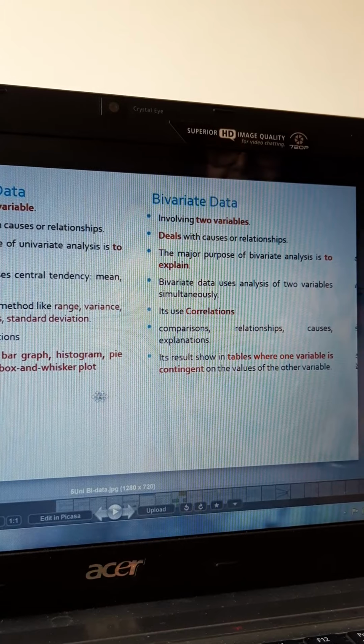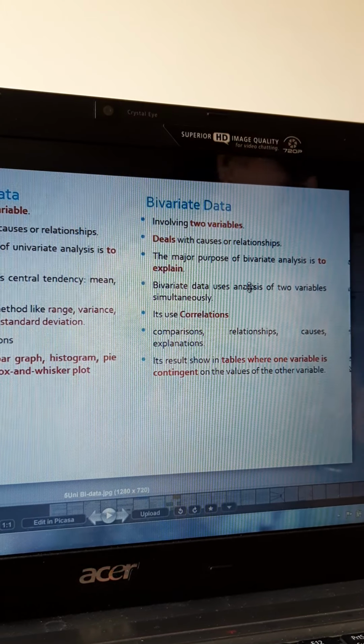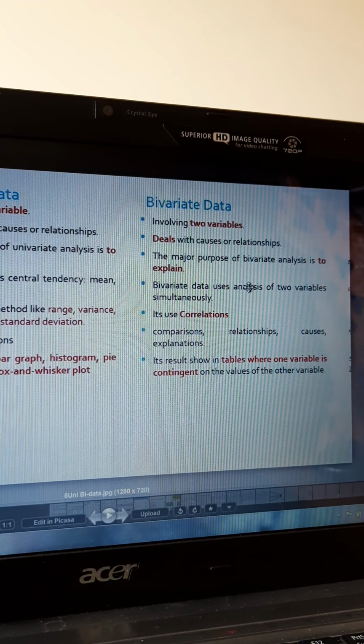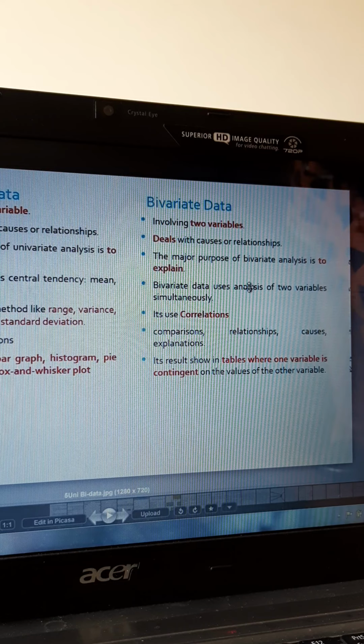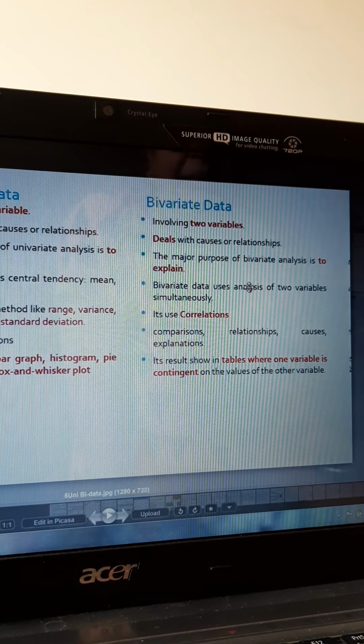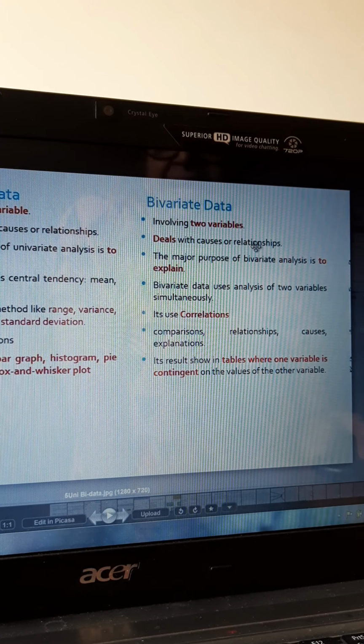What are the things that you can do with bivariate? With bivariate, it involves two variables. It deals with cause and relationship. The moment there is cause and relationship, your mind should automatically say there is a dependent and an independent variable. We will come to this later.